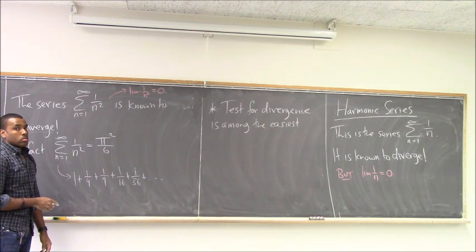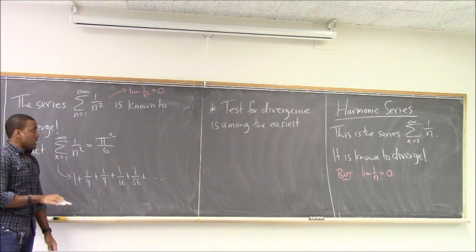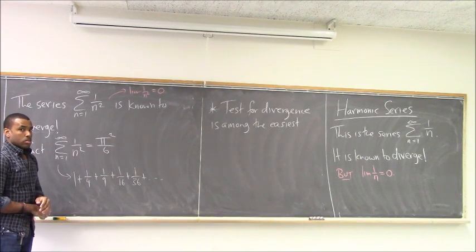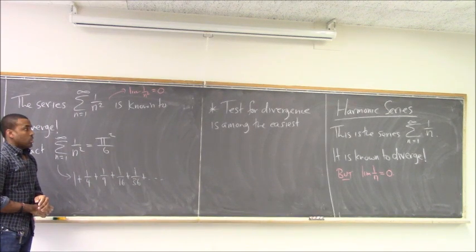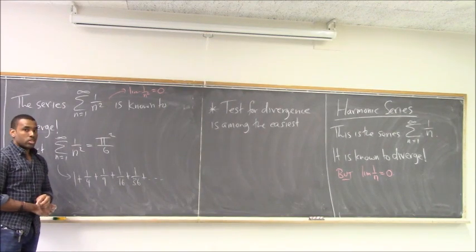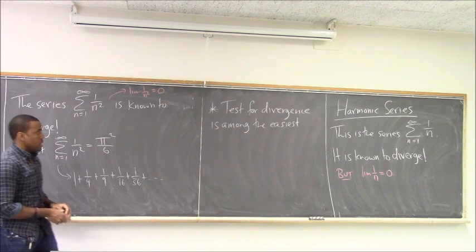If you get it's not equal to 0, it diverges. You don't do anything else. But if I get equal to 0, can I be sure that it's never going to diverge? No, you can't be sure at all. So the test for divergence only tells you about divergence. It will never imply anything else.